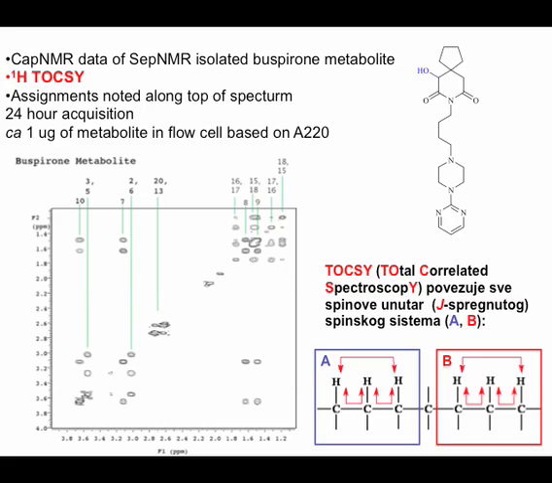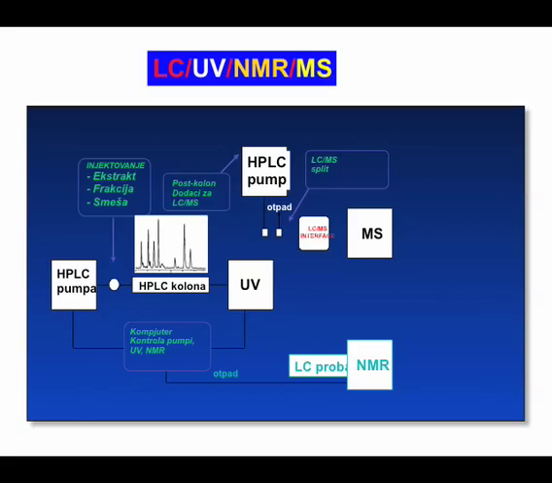So from this spectrum that seems a little complicated, but is not if you're dealing with it, we managed to determine the position of the OH group precisely in the ring. This is very important. The structure of the metabolite is very important for explaining the mechanism of the activity of the drug.